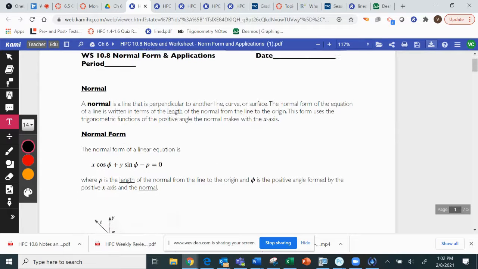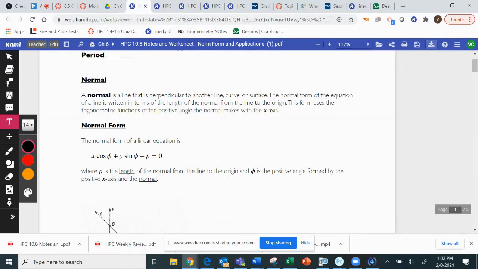So a normal is a line that is perpendicular to another line, to a curve, a surface. The normal form of the equation of the line is written in terms of the length of the normal from the line to the origin. And this form uses trigonometric functions of the positive angle that the normal makes with the x-axis.